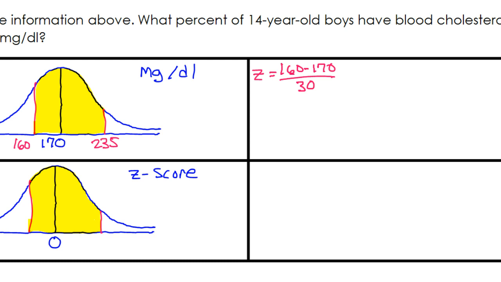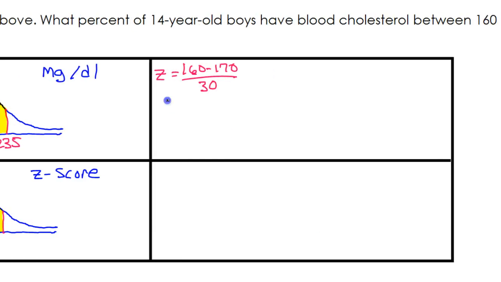Okay, I feel like I should split this up, put a line through here or something. Okay, so I'll calculate this in the calculator. So that is negative 0.33.